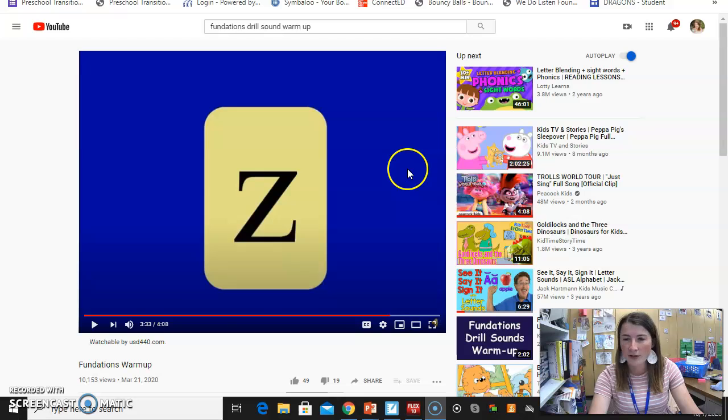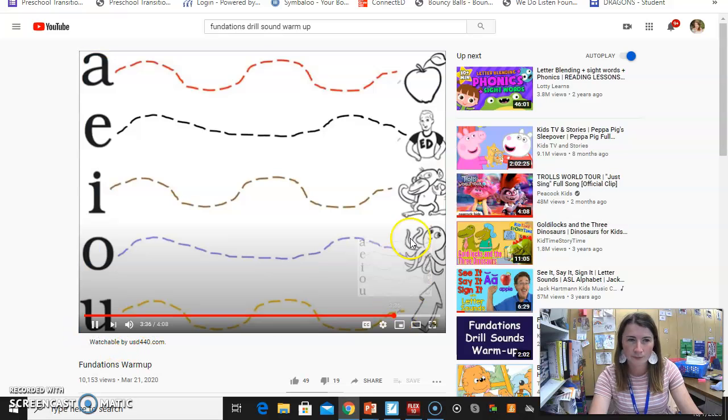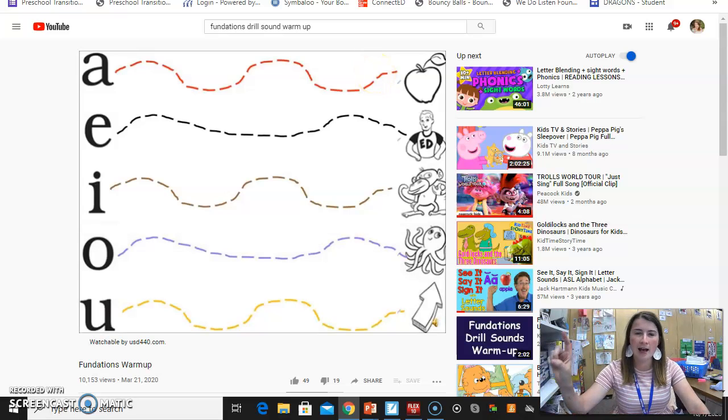All right, now first graders, we're going to do our vowel chart. Are you ready? Get your finger ready. Apple. E. Ed.